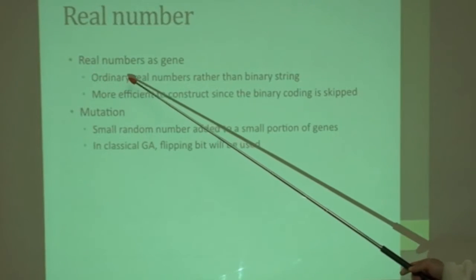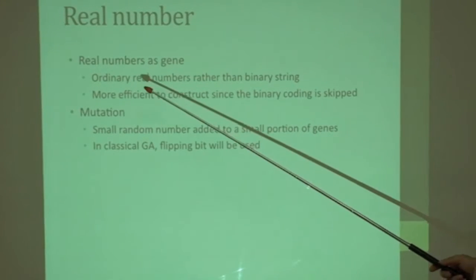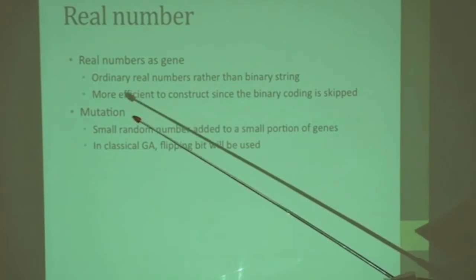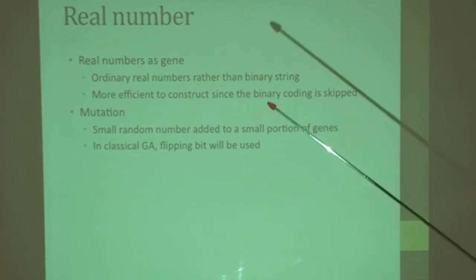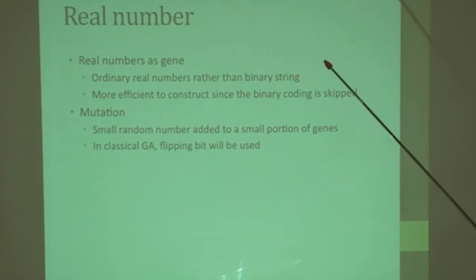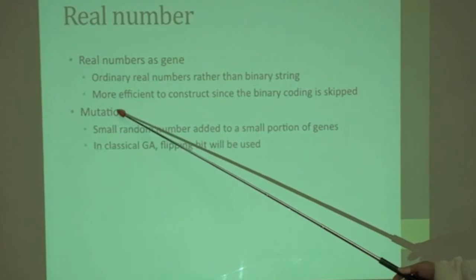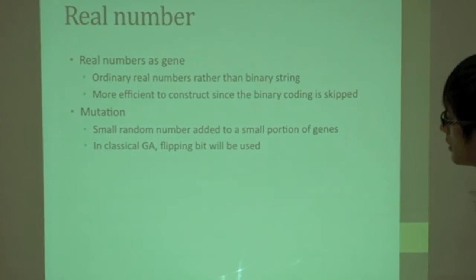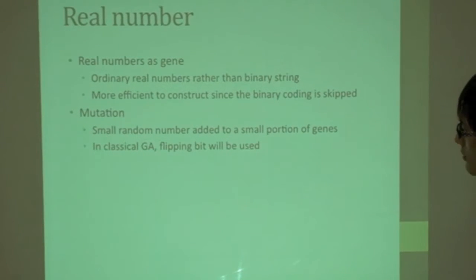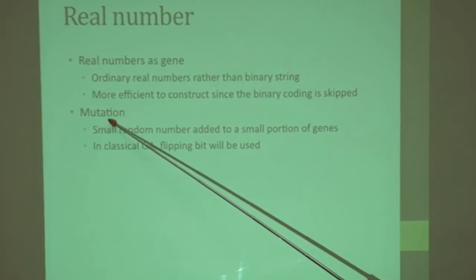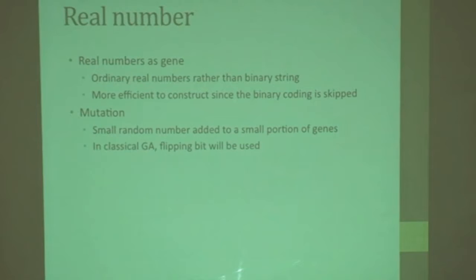First, real numbers as genes. Ordinary real numbers rather than a binary string. It is more efficient to construct since the binary coding is skipped. As for how to mutate, a small random number is added to a small portion of the genes.